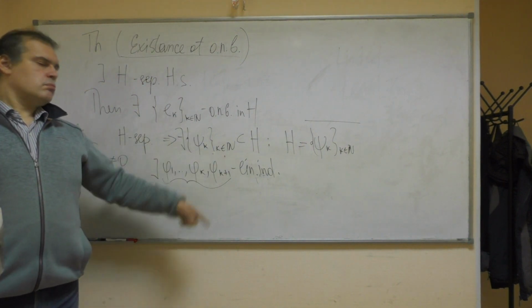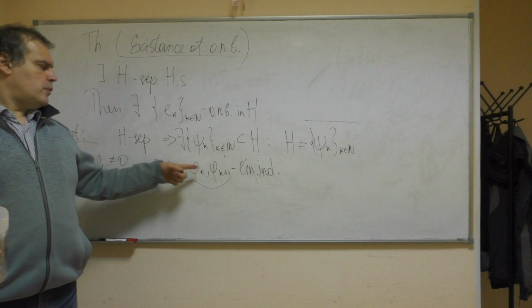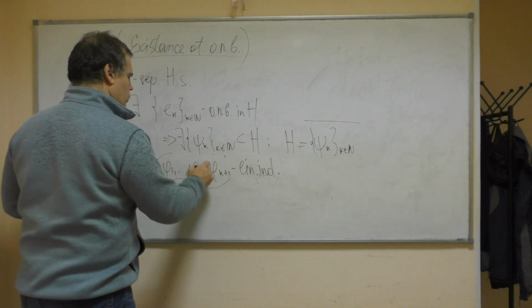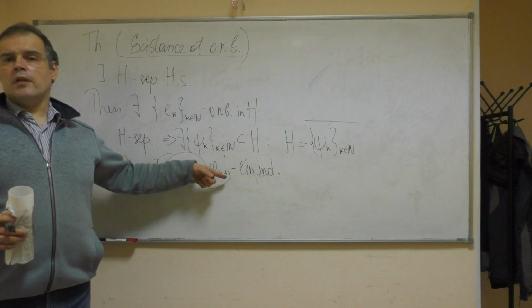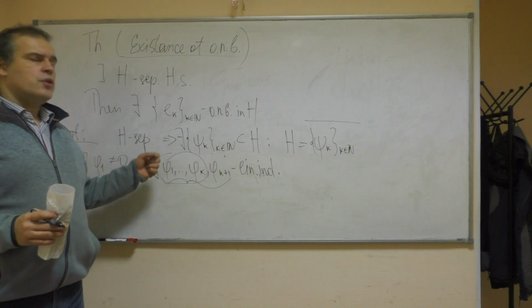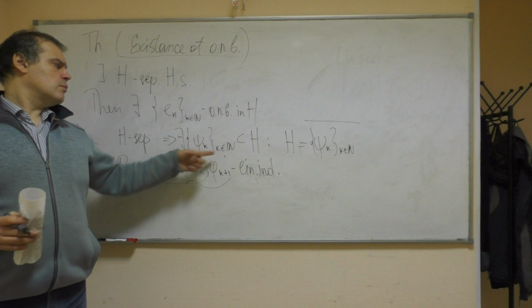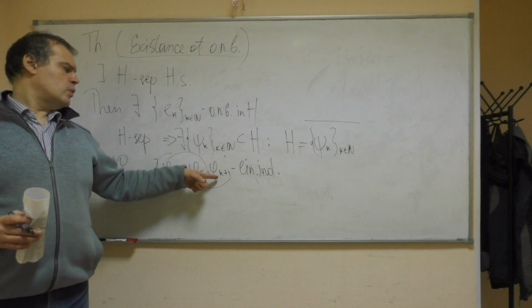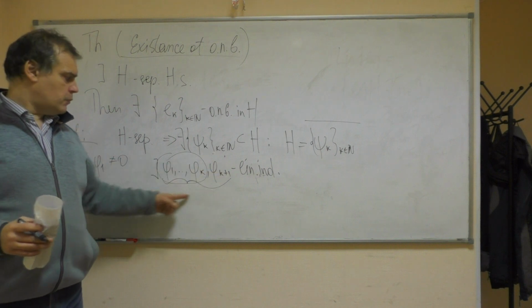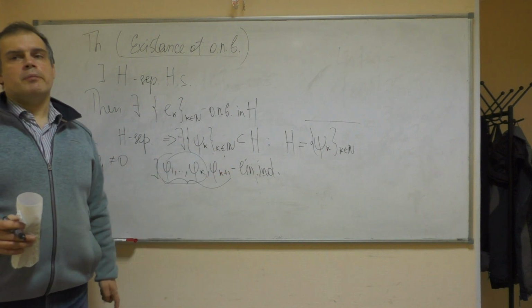So if we already have k elements, then our next element from this system is the first element from this sequence such that this family is linearly independent.